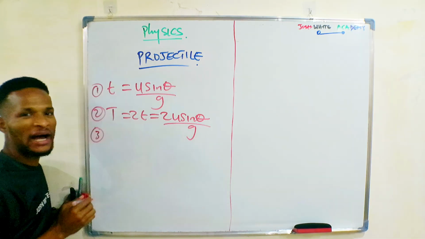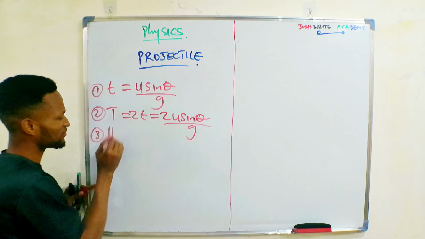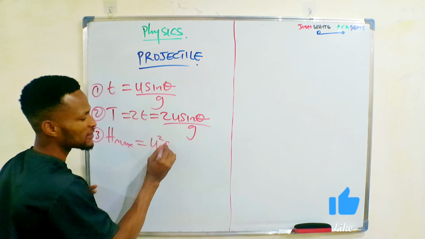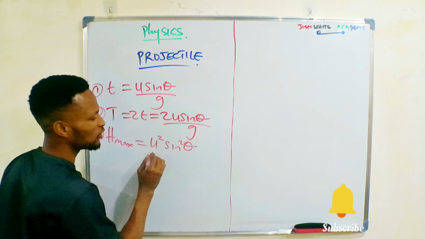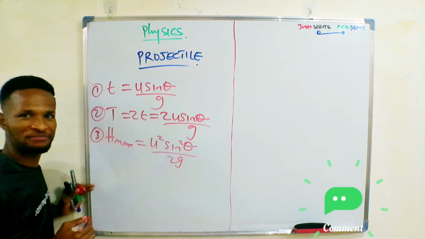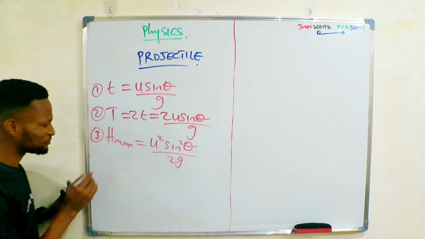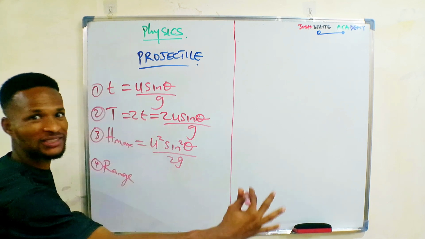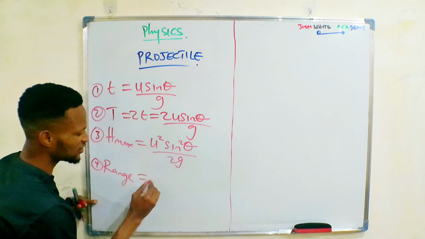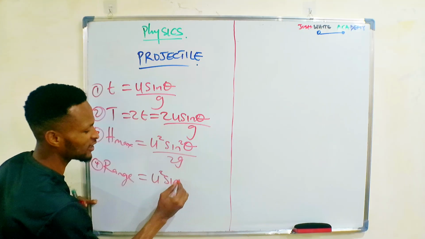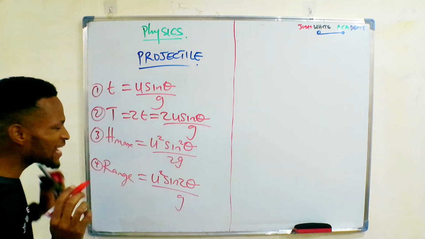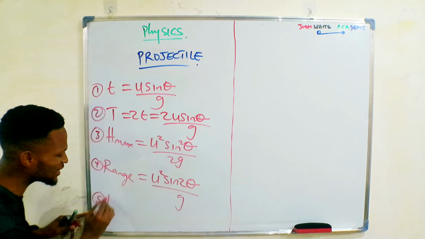Number 3, we have maximum height, which is equal to U² sin² θ / 2g. Number 4, we have range, that's our horizontal distance, which is equal to U² sin 2θ / g. And lastly, we have our maximum range.